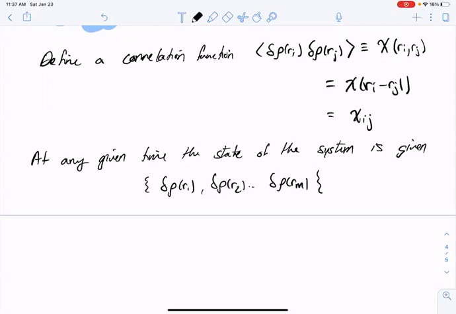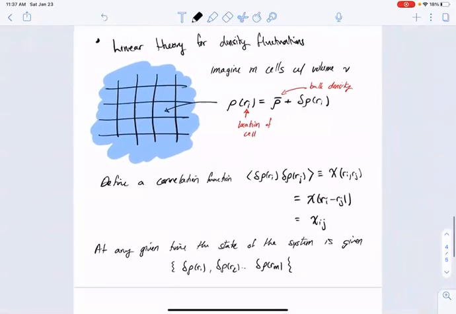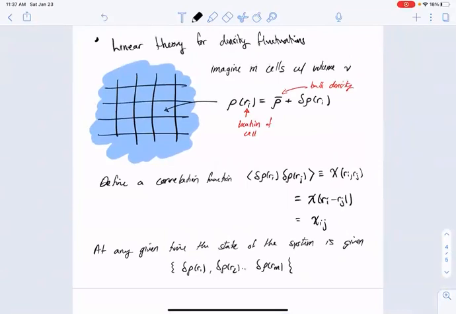Okay, so that's the setup. We're looking at a fluid. We've carved out a lattice with some specific volume, and within that lattice, the density will fluctuate. We're encoding or defining those fluctuations as a deviation from a bulk density. We've acknowledged that while the bulk density is a simple number, those cells do not fluctuate independently. And at a minimum, we'll have some covariance, some correlation function that tells me how one cell depends on another.